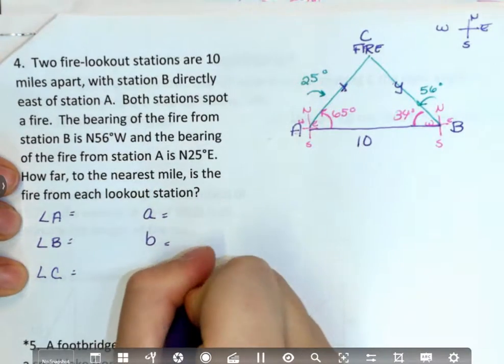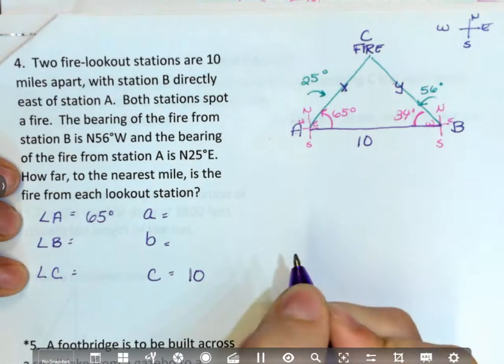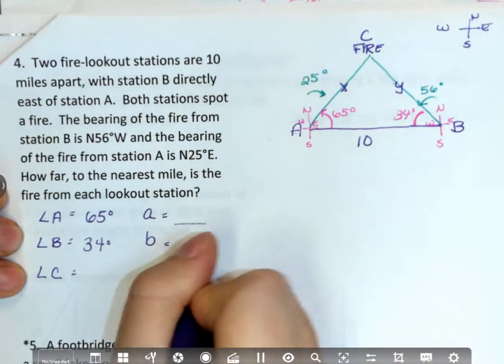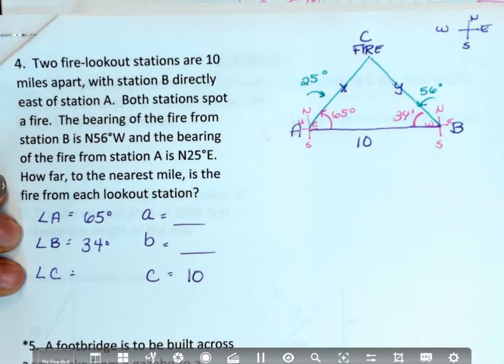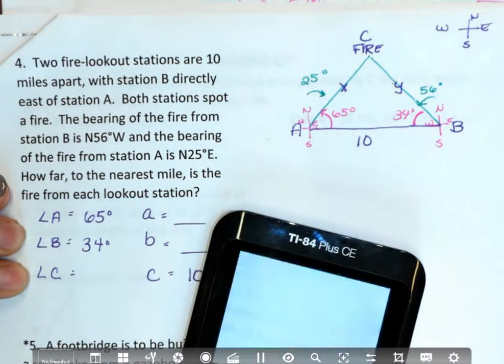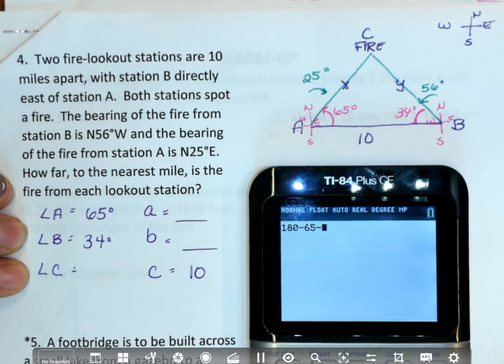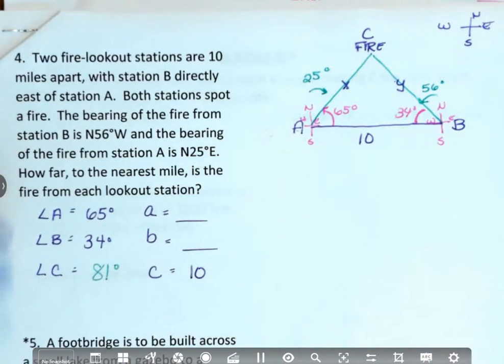That side C. 65 is angle A. Angle B is 34. I'm looking for those two. I don't have an angle side pair. What can I do? Yeah, get an angle for angle C. How can I get an angle for angle C? 180. So angle C is how many degrees? And then you just solve.